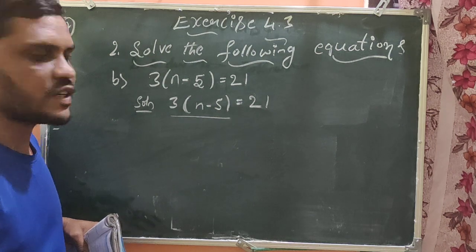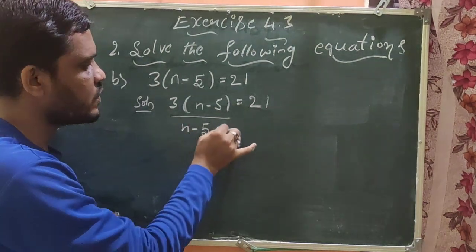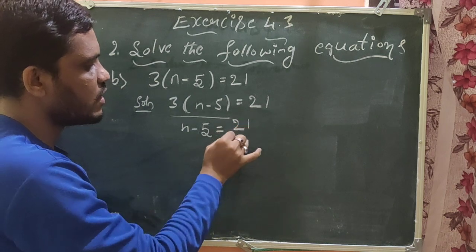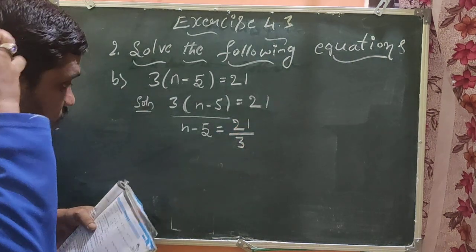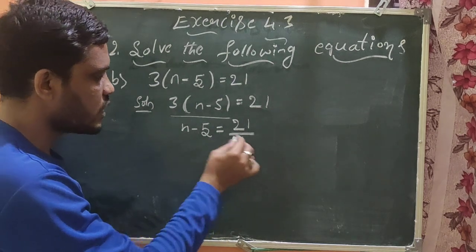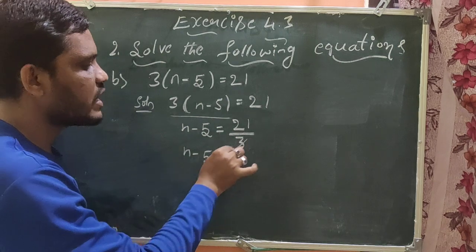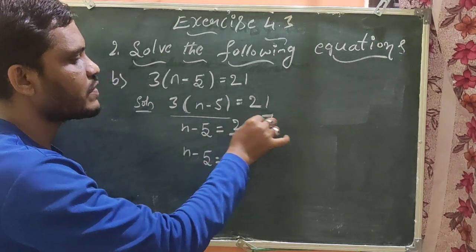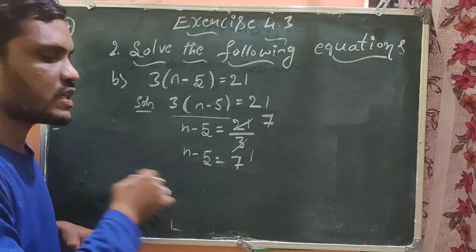So first we have to shift this 3. That becomes n minus 5 is equal to, since it is multiplication, if it goes to the RHS side it goes to the denominator, that becomes 21 by 3. n minus 5 is equal to 3 sevens are 21, so n minus 5 is equal to 7.